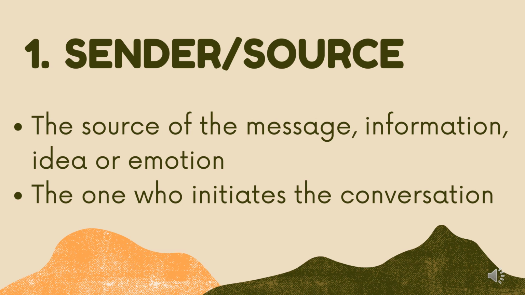Sender or source. The sender is the person who is trying to communicate and wants the other person to receive and understand his or her message. The intent of the message is usually to get the other person to do or understand something. The sender also conveys a message through his or her tone of voice, body language, and choice of clothing.